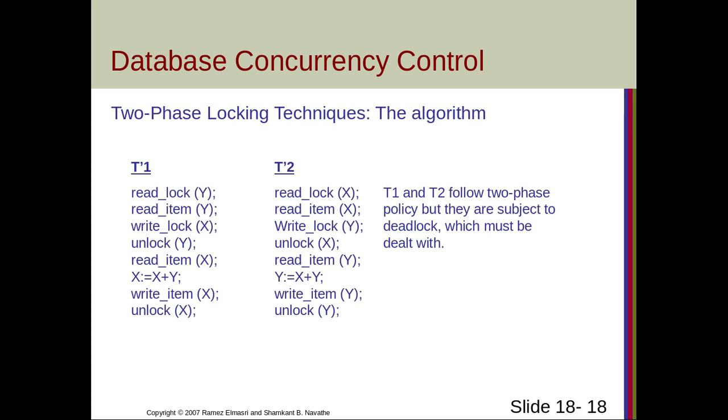See, in T1 dash you have read lock Y, write lock X, then after that unlock Y, and finally you have unlock X. In T2 dash you are acquiring both the locks, read lock X and write lock Y, initially, after that unlock X, and after that unlock Y. That means if it is in two-phase lock mode, then you have to acquire all the locks, and after the first unlock there is no locking allowed.